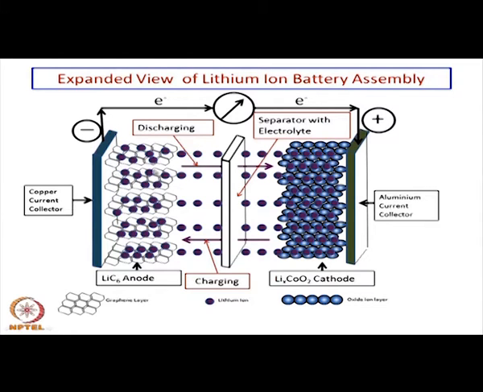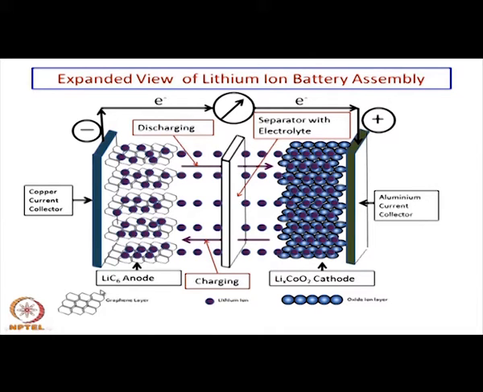These are the hexagonal graphene sheets, one sheet, another sheet, another layer. In the space between the layers, the lithium, being a very small radius ion, can go in and sit there, and it remains stable.